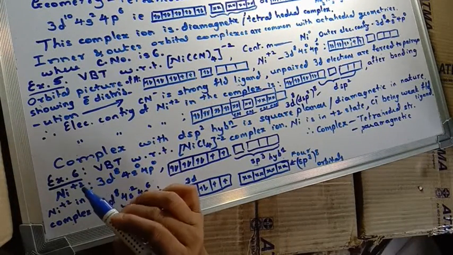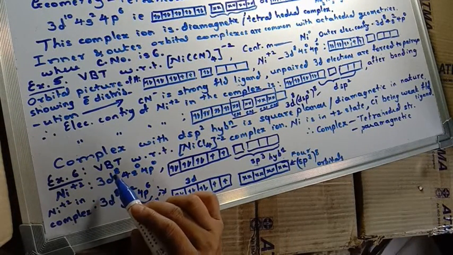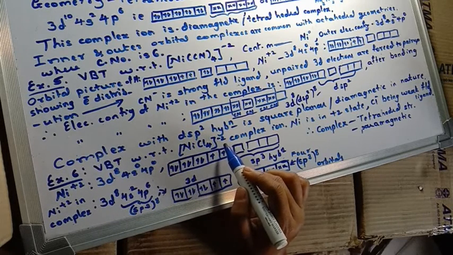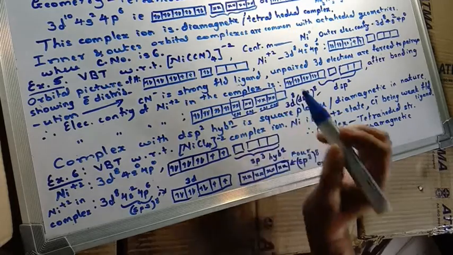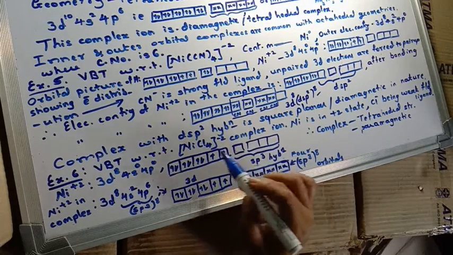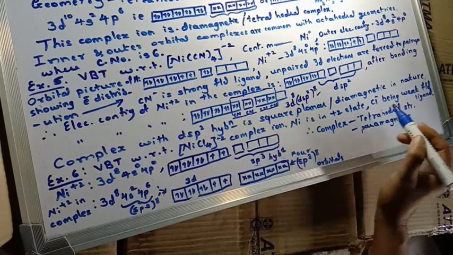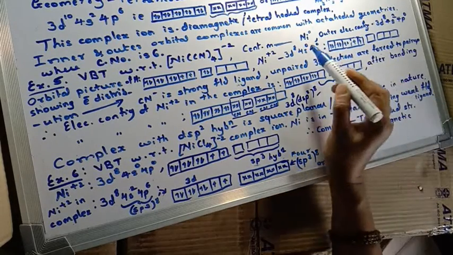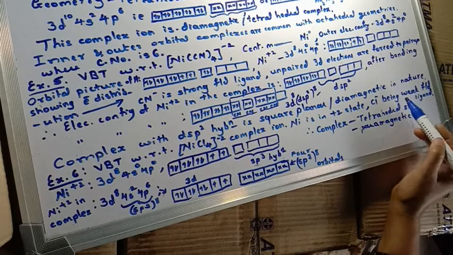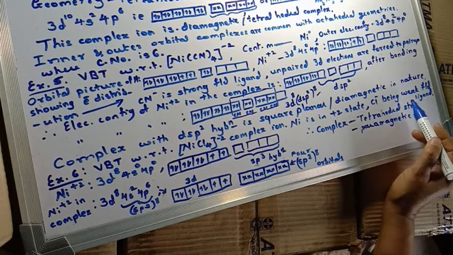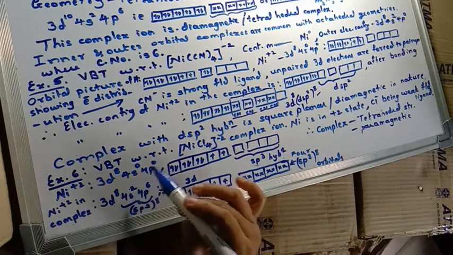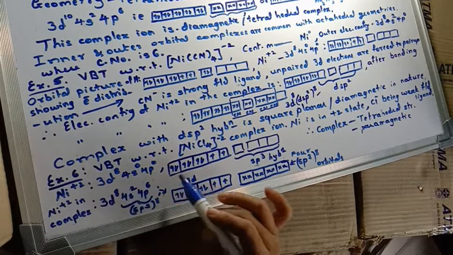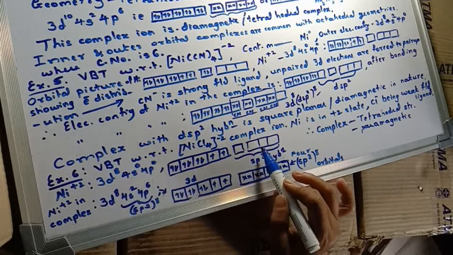Now we'll move on to the next one, valence bond theory with respect to [NiCl4]2-. Similar to the previous, here nickel is the central metal ion, and it is in the +2 state, and chloride is a weak field ligand. Cyanide is a strong field ligand, and halide, that means chloride, is a weak field ligand. Similar to the previous one, in Ni2+ the electron distribution is 3d8 4s0 4p0.